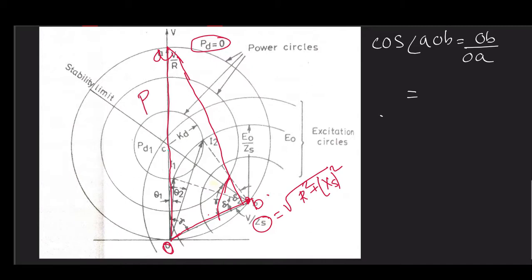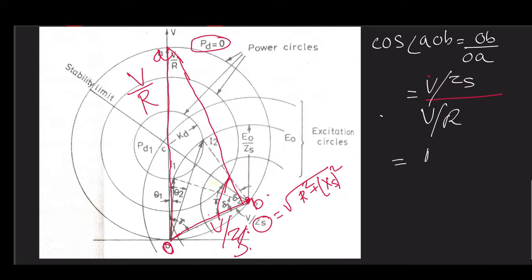Now this side is V by R, this side is V by ZS. So cos AOB is equal to OB by OA, which is V by ZS divided by V by R, that is equal to R by ZS.